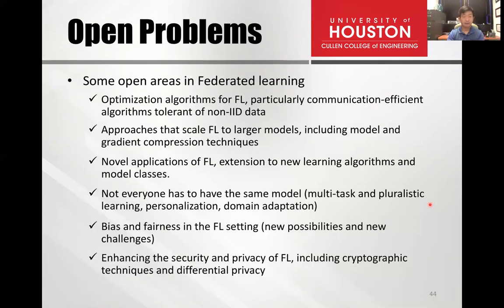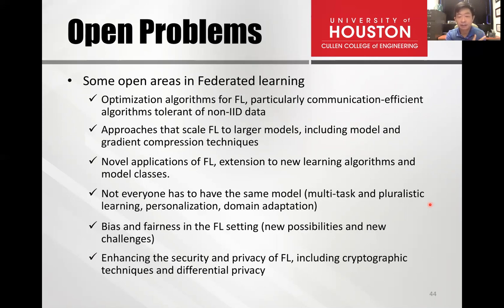Here we show you these two examples, and we have some open areas in federated learning, like optimization algorithms for federated learning, particularly communication-efficient algorithms, approaches that can scale federated learning to a large scope, and novel applications of federated learning beyond the current ones.